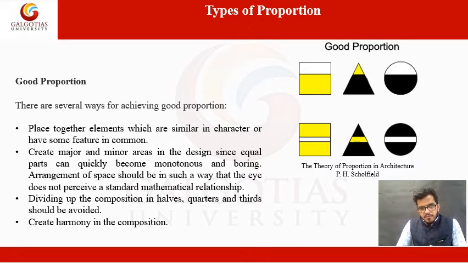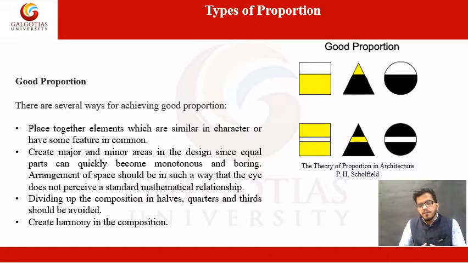Create major and minor areas in the design, since equal parts can quickly become monotonous or boring. Arrangement of such spaces should be in such a way that the eye does not perceive a standard mathematical relationship. Dividing up the composition in half, quarters, or one-thirds should be avoided.